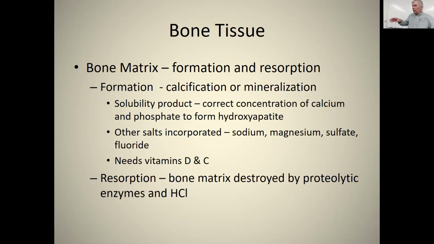There's other salts incorporated, sodium, magnesium sulfate, fluoride, and it needs vitamin D and C. Actually it needs C to make collagen, as a matter of fact. And you need D to help lay down bone. So those two vitamins are needed. Resorption, bone matrix destroyed by proteoenzymes and HCl by osteoclasts.